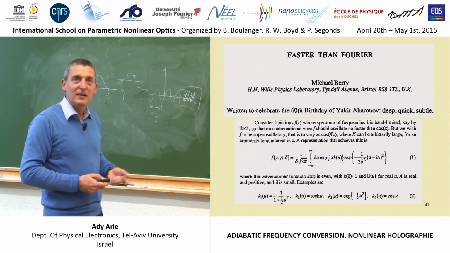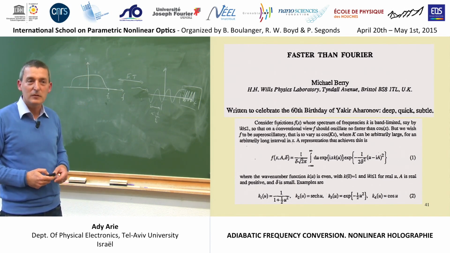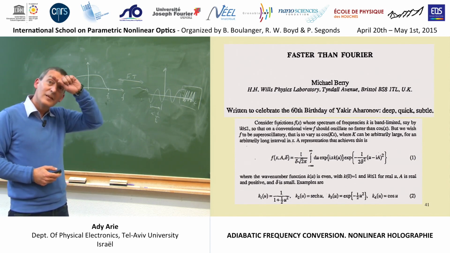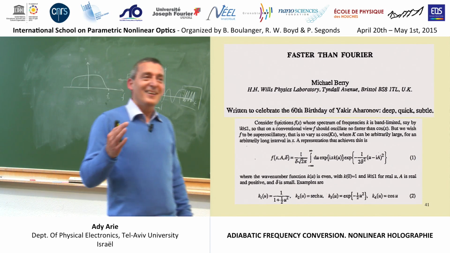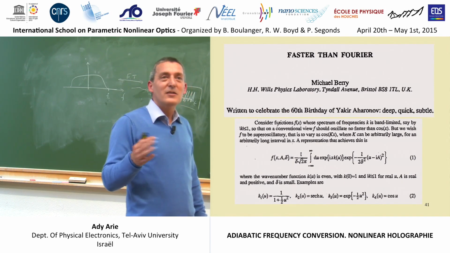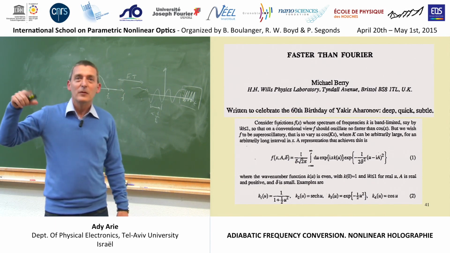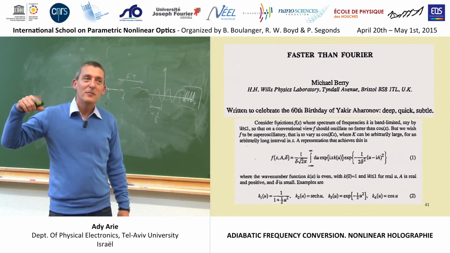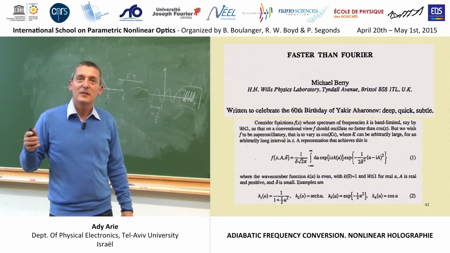So now let's see if we can do something with it in nonlinear optics. The fact that it's 1 Hertz does not prevent the function in time from oscillating 10,000 times in a second. It does not prevent it.